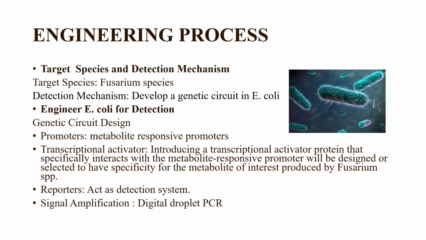Then we shall also have the transcriptional activator, which will be introduced to specifically interact with the metabolite responsive promoter, and that will help us select and have specificity for the metabolites of interest. Then the reporters will act as a detection system.